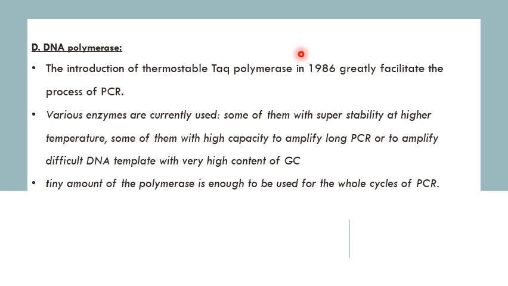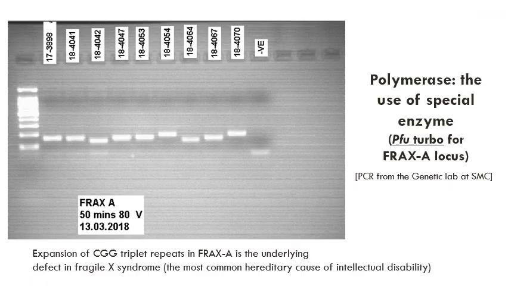The DNA polymerase will not be consumed, because it's like the workmen, they will be there compared to the blocks they are building with. The blocks will finish, but the men will be there, but their efficiency will be reduced with time, so they will get tired. It's the same for the enzymes. After a certain time, the activity and efficiency will be reduced. But a tiny amount will be more than enough for the whole PCR cycles.